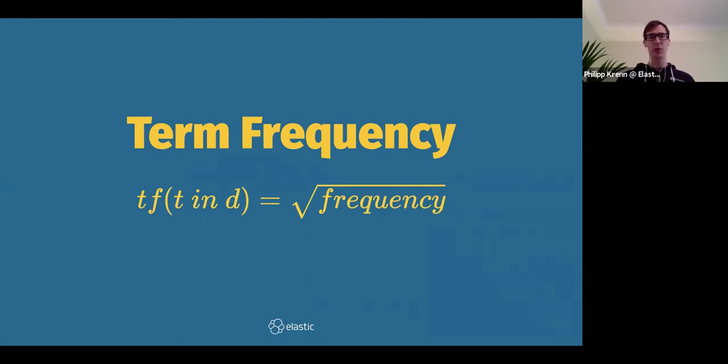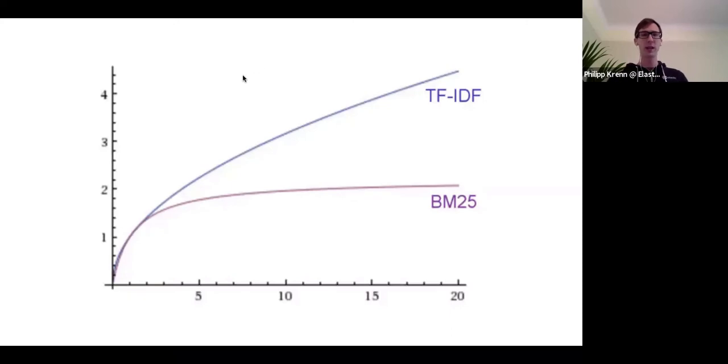So what this looks like is here you have the number of Lukes, so 5, 10, 15, or 20 occurrences of Luke, and then how relevant they are. You can see one occurrence of Luke is less relevant than 3 or 4 or 5 Lukes. The difference between TF-IDF and BM25 is that TF-IDF is just the square root and keeps growing, whereas BM25 assumes that after 5 or 10 occurrences of Luke, there's not much more gain.